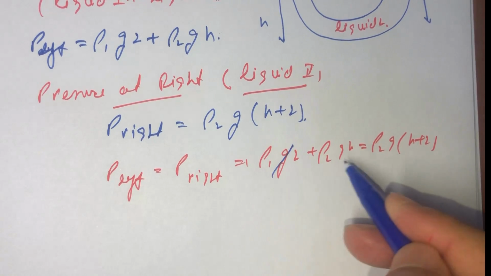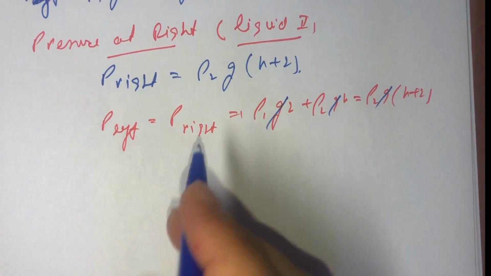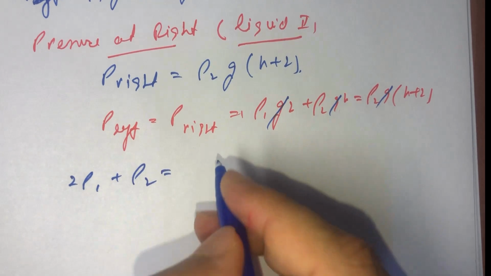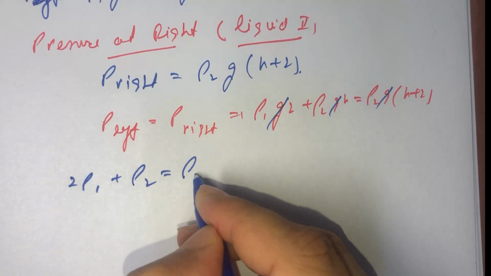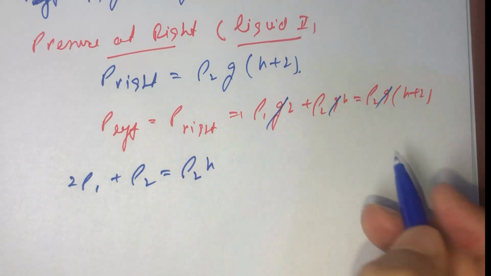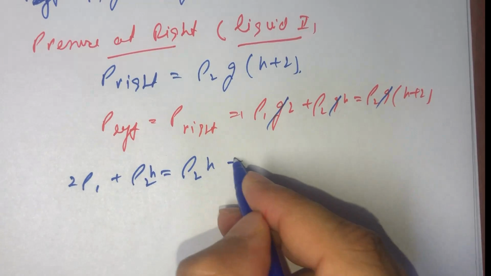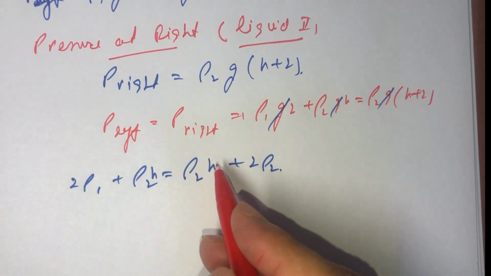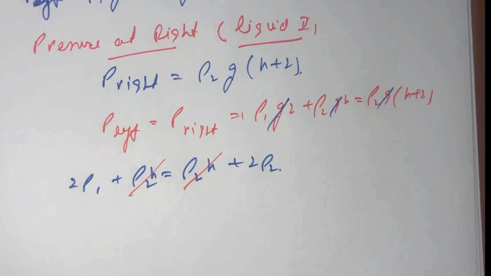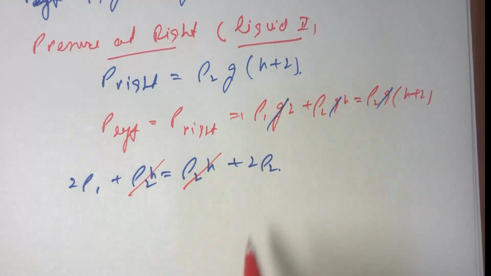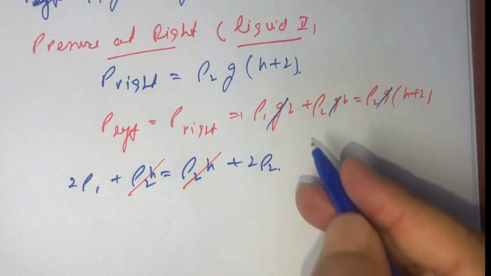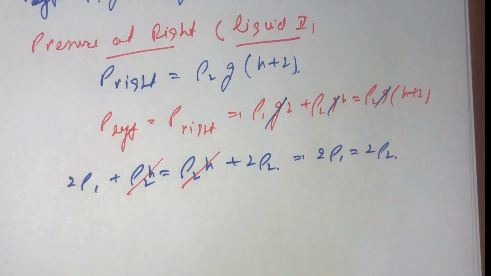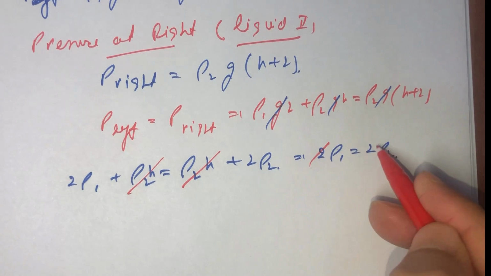So from here g and g cancel out. So we get 2 rho 1 plus rho 2 H is equal to rho 2 H plus 2 rho 2. And once again this rho 2 H and rho 2 H cancel out, and we get 2 rho 1 is equal to 2 rho 2. These also cancel out.